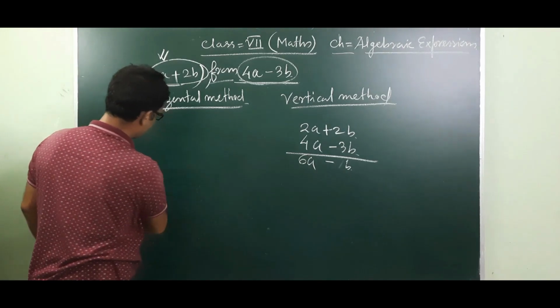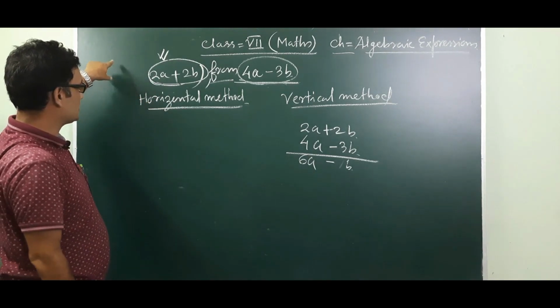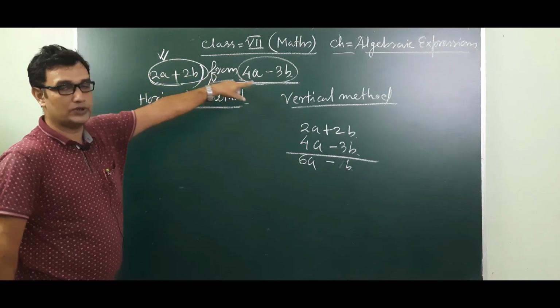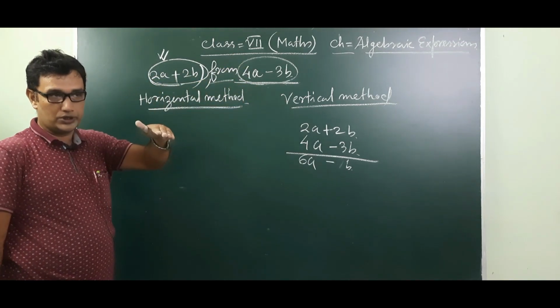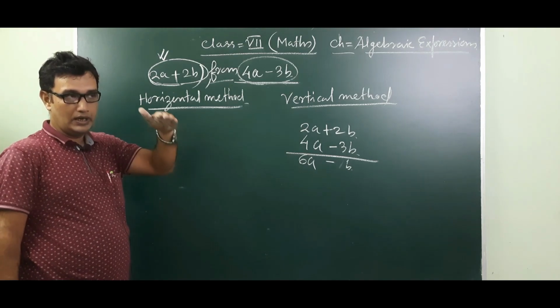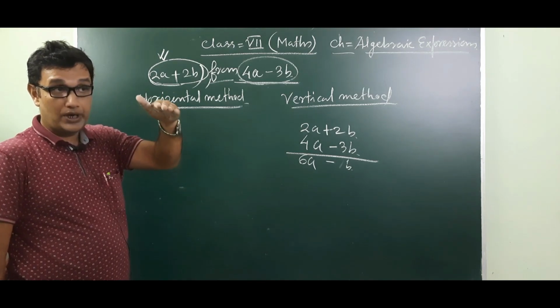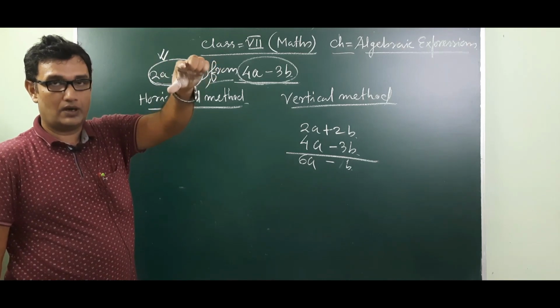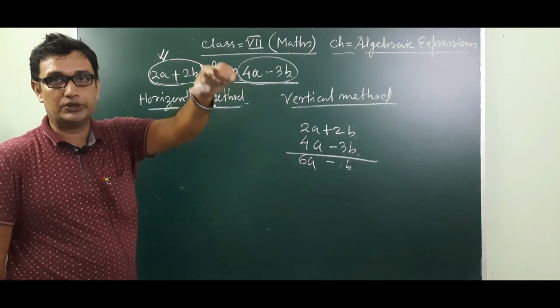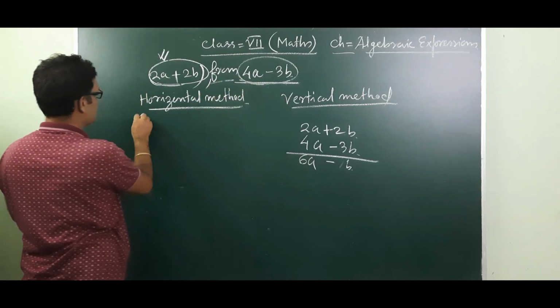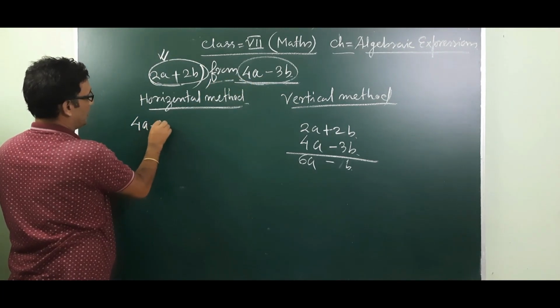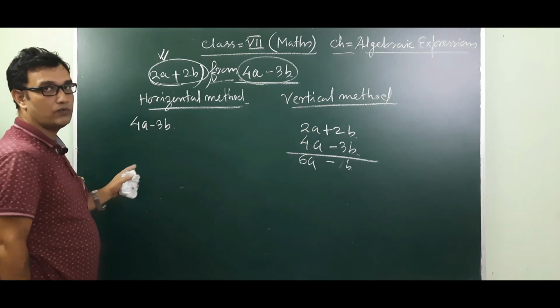You see, the question is subtract this from this. So at subtraction time, when you read the question, read it carefully. Subtract this from this: from whatever expression, that expression you have to write first. So here, from this one, you will write 4a minus 3b.